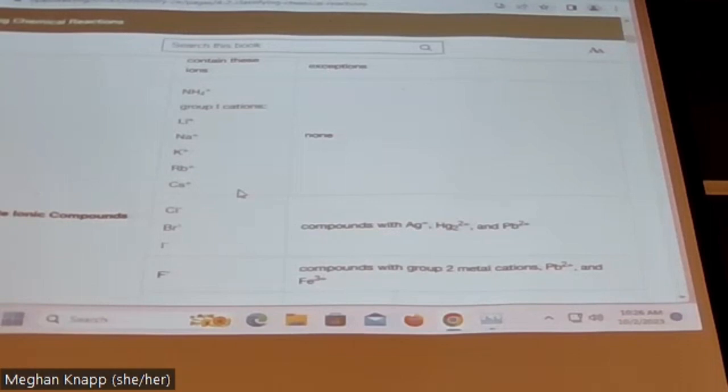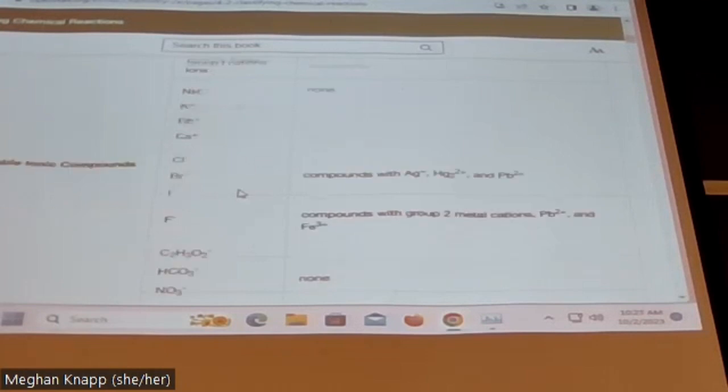We're not going to have rules for the transition metals, which means that it depends entirely on whether the anion is soluble or not. So if you see iron, chromium, or ruthenium, what really matters here is the anion. If I have something that's usually soluble, like one of the halogens, group 17, it's going to be soluble. If I have something that's usually not soluble, it's going to be insoluble. Okay, for the transition metals.